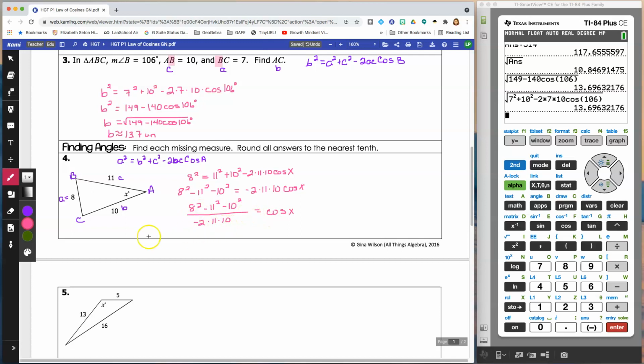So what I've done here is essentially I've taken this original equation and I've rewritten it a little bit to say that I can have a squared minus b squared minus c squared divided by negative 2 times b times c, and this is equal to the cosine of angle A. So if you wanted to memorize this formula, it would help save you a couple of steps maybe along the way, because you don't have to do the subtraction and the division, it's already in this formula.